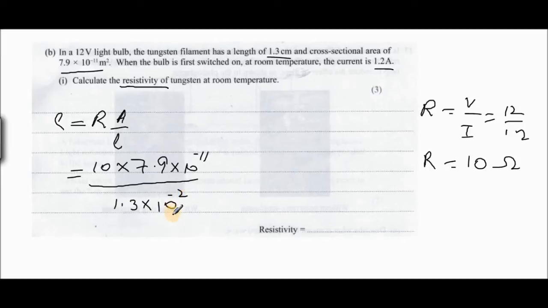Why minus 2? Because of the centimeter. And the resistivity will give the answer after simplifying this fraction: 6.1 × 10^-8 ohm meter.